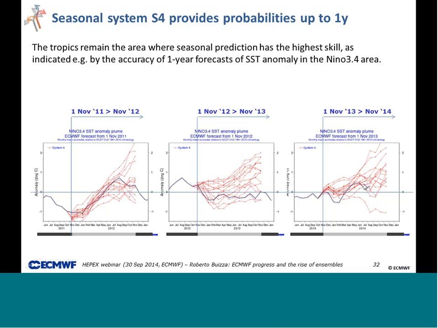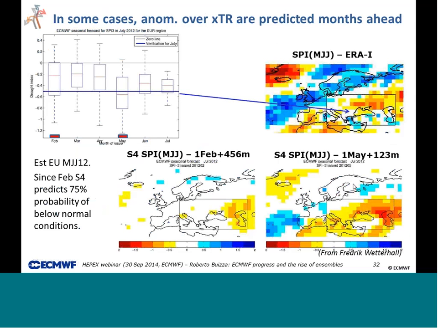As you can see, it's pretty impressive how well the system is able to capture the transition from La Niña condition to El Niño, more neutral type of condition, and again going towards El Niño warm condition this year.